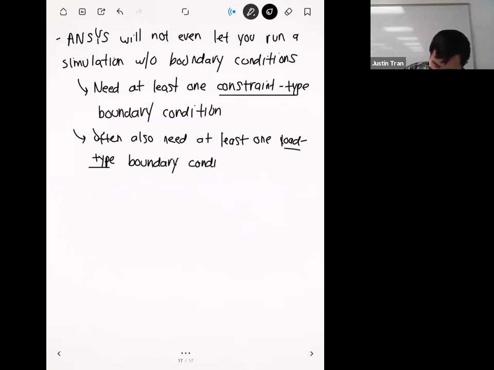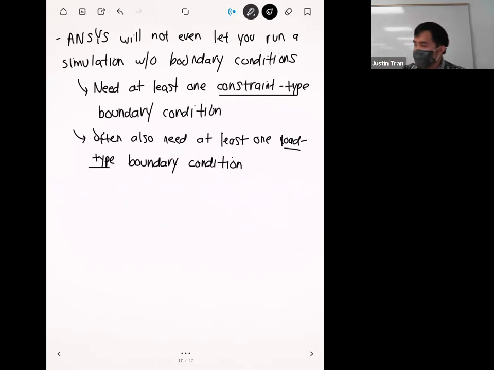Okay. Not always. And so we'll talk about ways of how you can run a simulation without a load. But at the very least, you need at least one constraint type and at least one load type.